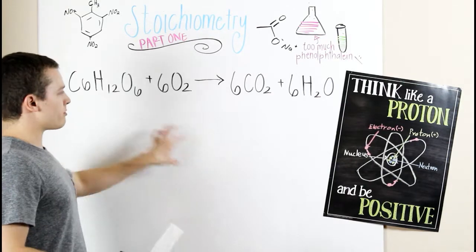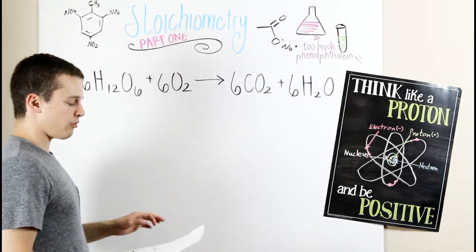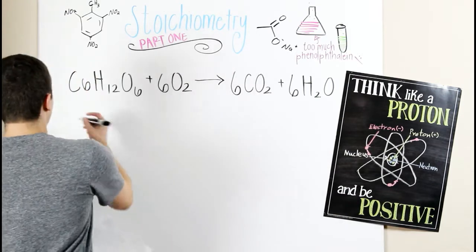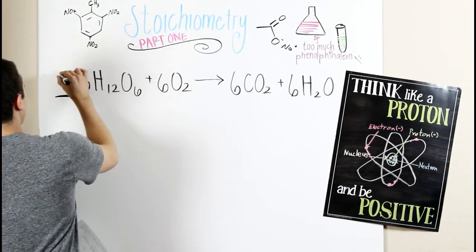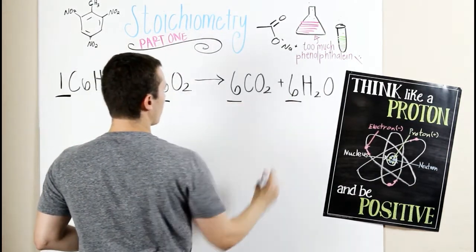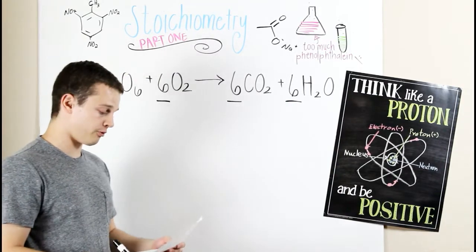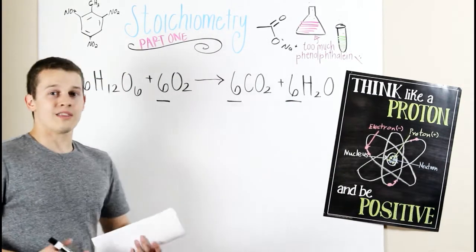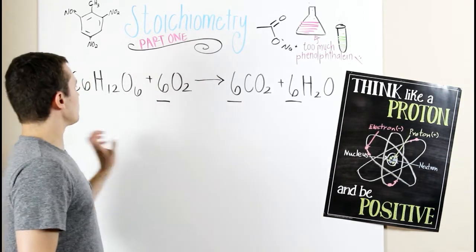Before we get into the meat of what stoichiometry is, I want to point out something with this chemical formula here. I know the glucose doesn't have anything in front of it, but we can pretend there's a 1 in front of it. Each one of these has a coefficient in front of it. That's what we call the number in front of the chemical formula. It's actually a ratio of everything to one another.